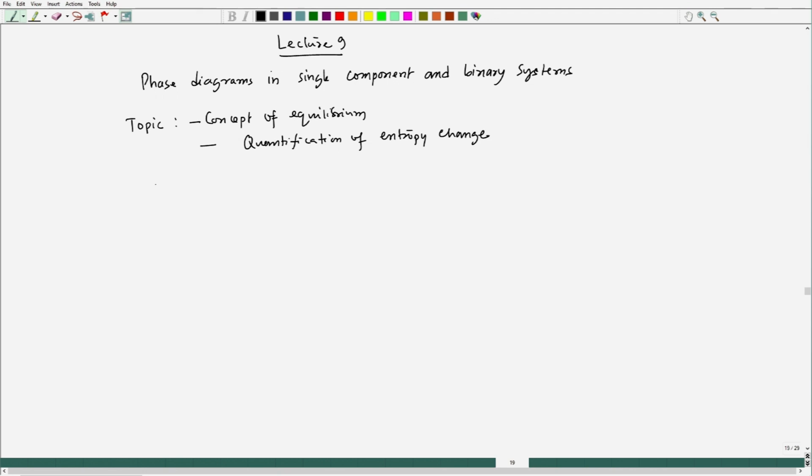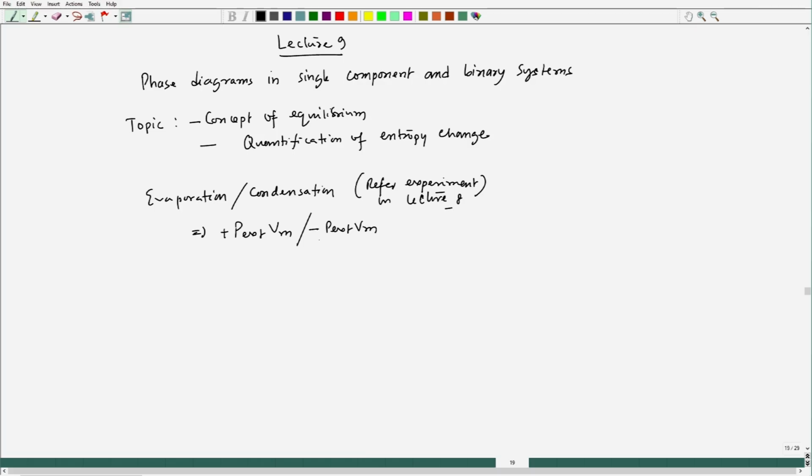So, the total work, if we consider the reversible process, is nothing but, considering the evaporation as well as condensation process, refer to the experiment in lecture 8, P external Vm, this is plus, and minus P external Vm, this is minus with reference to the system.